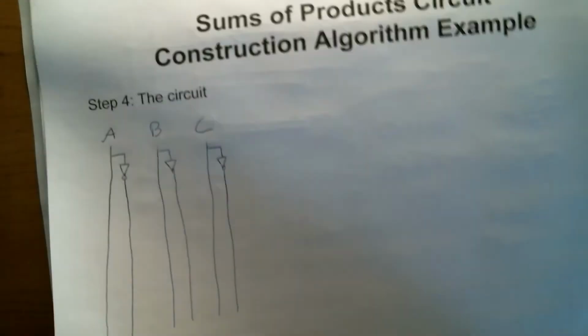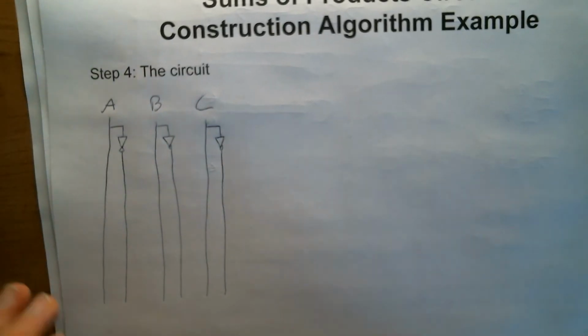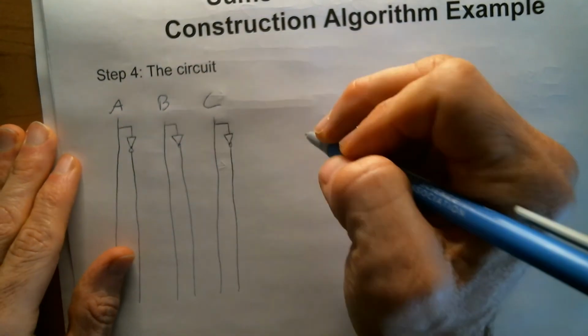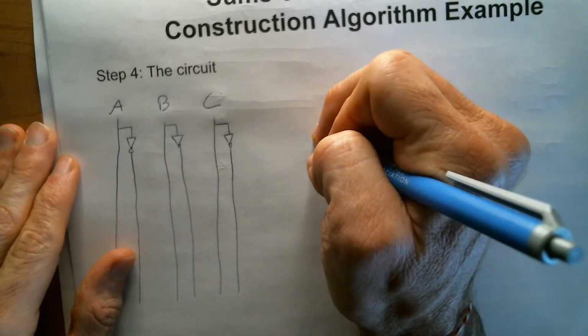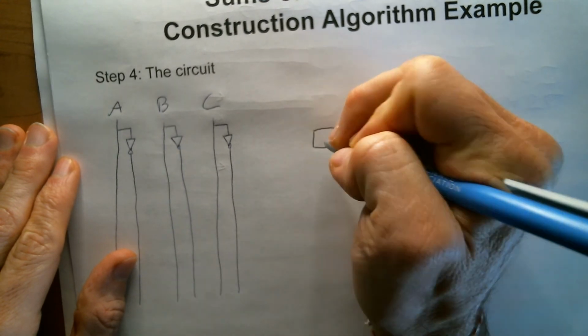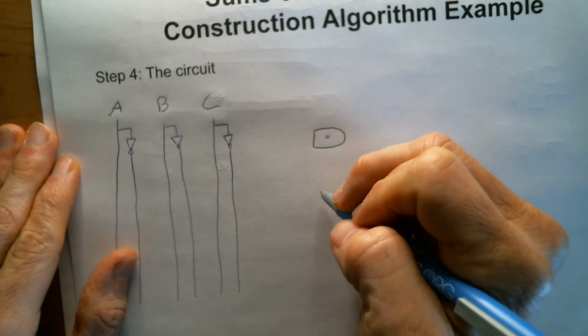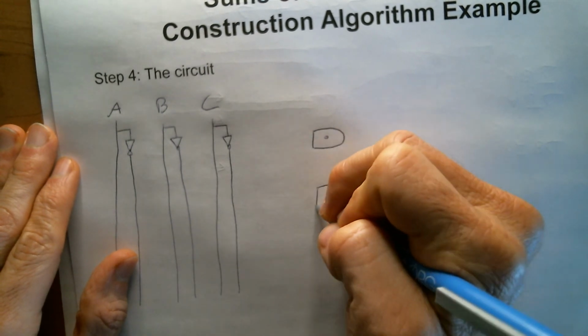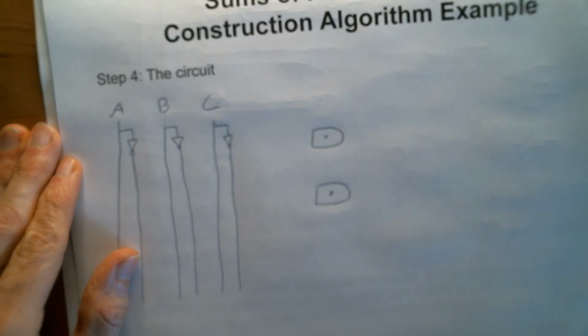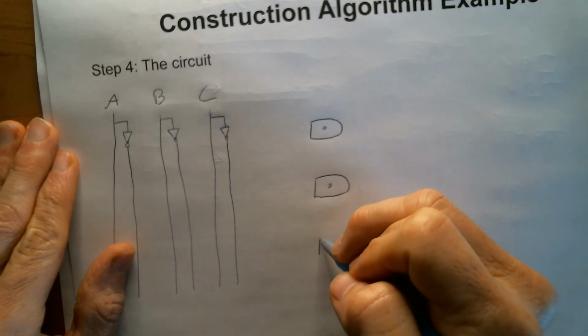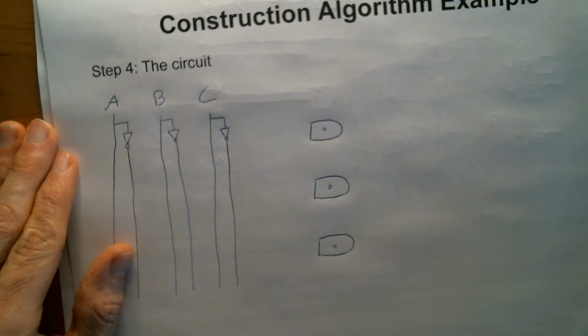So we're just going to have one big AND gate that accepts three inputs. So there's one AND gate that's going to accept three inputs. There's a second AND gate that's going to accept three inputs. There's a third AND gate that's going to accept three inputs.